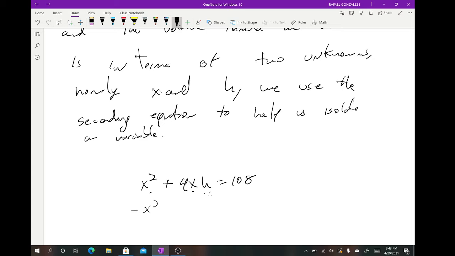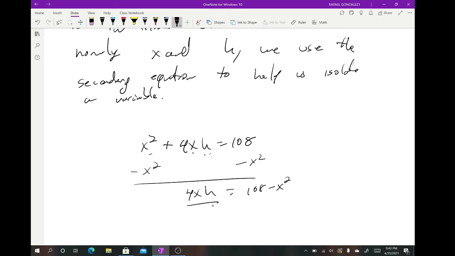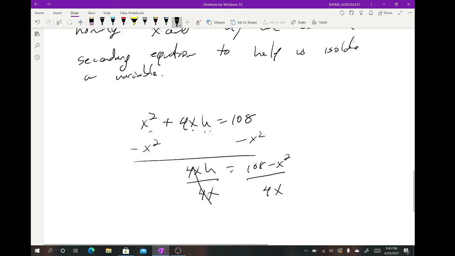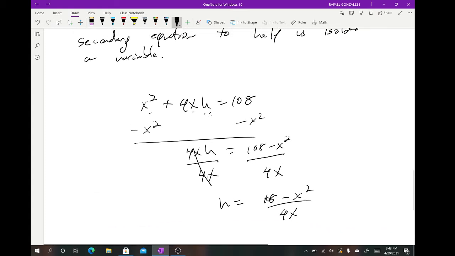Well, we move x squared to the right side, and we're left with 4xh equals 108 minus x squared. Then we divide both sides by 4x, and we have that h is equal to 108 minus x squared divided by 4x. Now we have a value for h.